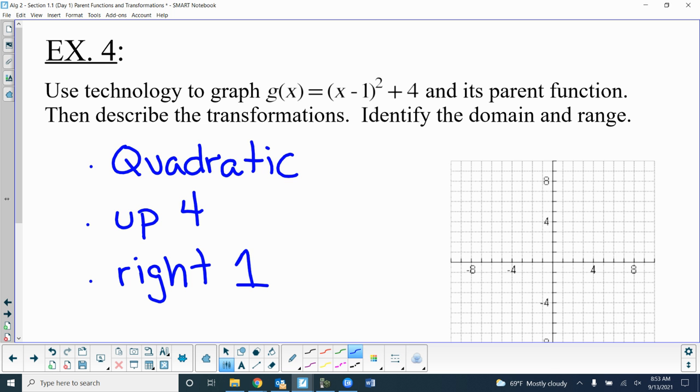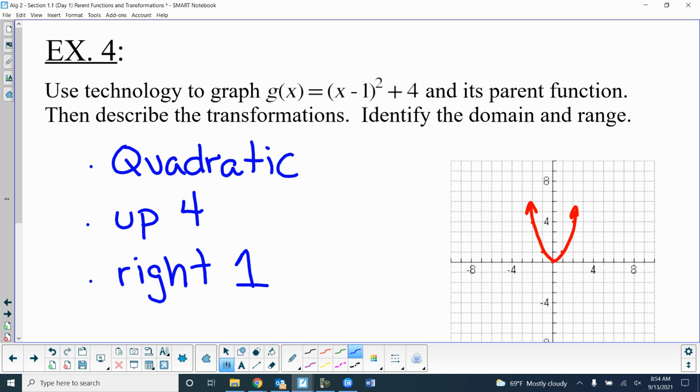Was there a negative out front? No. So no reflection. Okay, so remember, our parent function was 0, 0. 1 squared is 1, 2 squared is 4, right? Negative 1 squared is 1, negative 2 squared is 4. Oops, I got a point there. All right, so the red graph is our parent function.